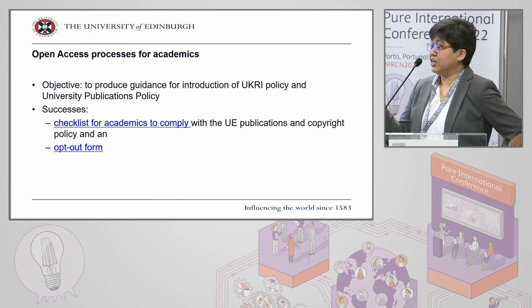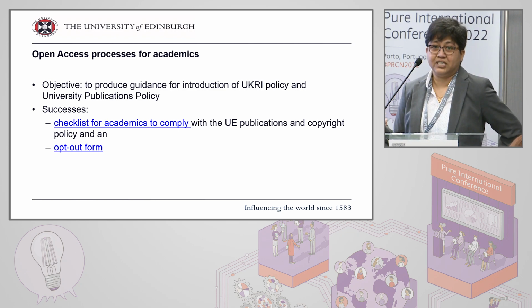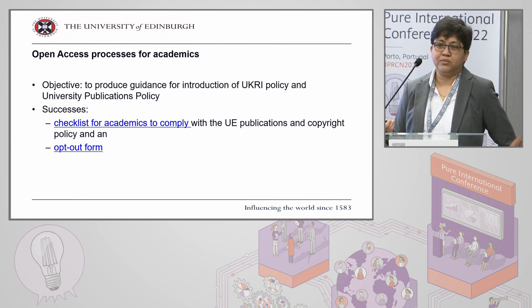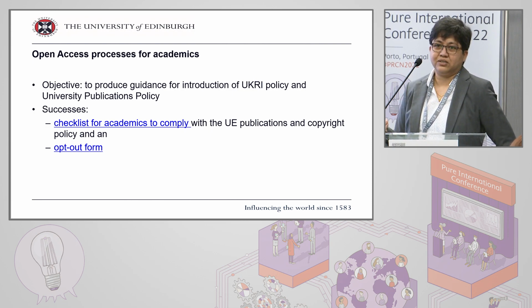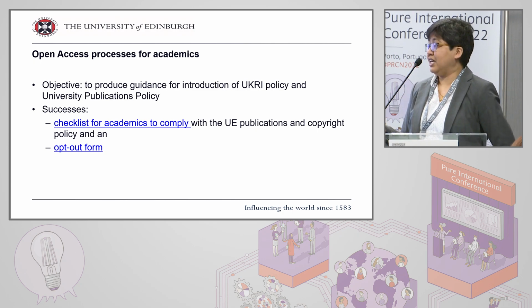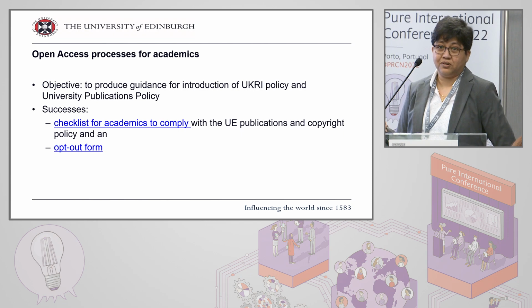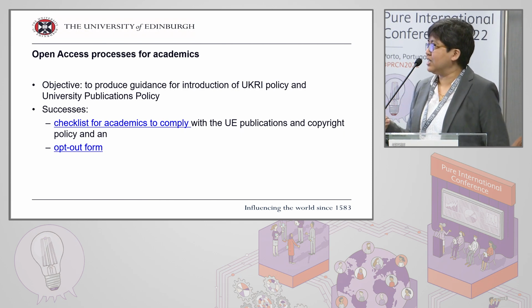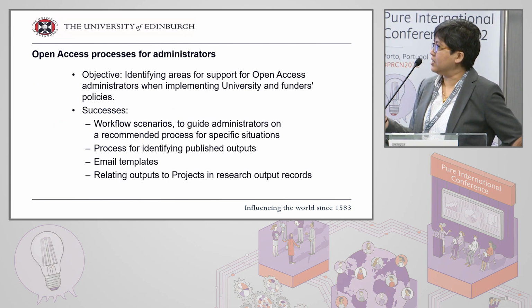So the working group met, and we came up with a checklist for academics to comply with the university's publications policy, and we also created an opt-out form. So if they decided not to go with the university's publications policy, they could opt out. That needed to be worked out, and the working group managed to do that.